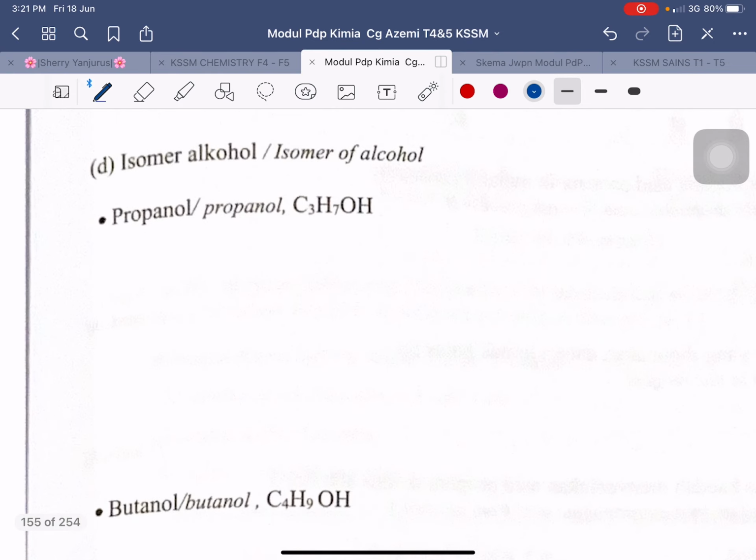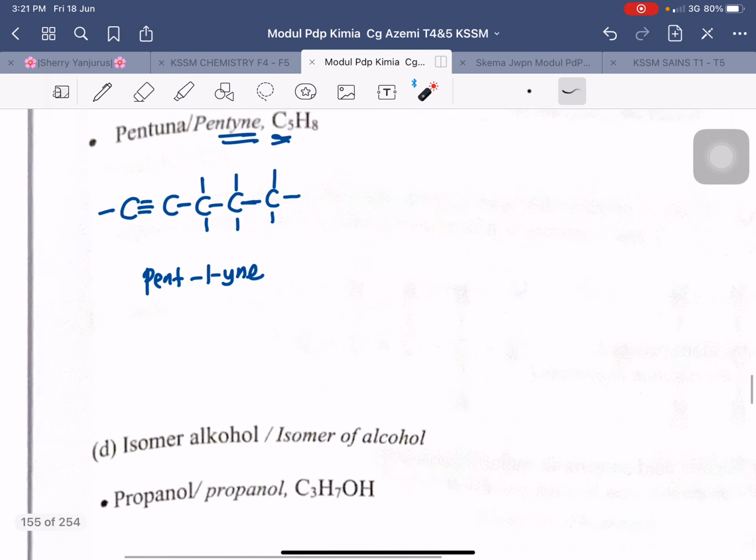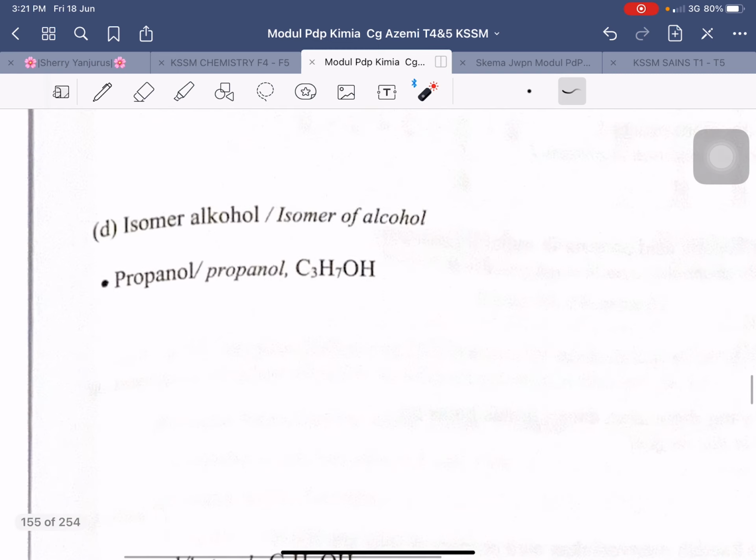Now, propanol. Propanol is an alcohol. Okay. It's the third member of alcohol. So let us draw the isomer for alcohol. Sama juga konsep dengan alkyne ataupun dengan alkene. Cuma pindah-pindah the functional group. Let me draw the first one for you. There are 3 C. 1, 2, 3. Okay.